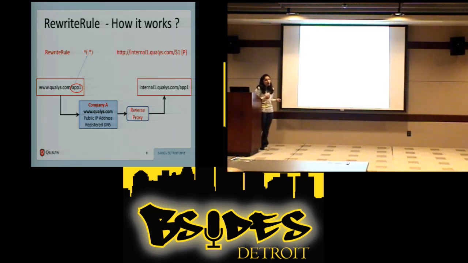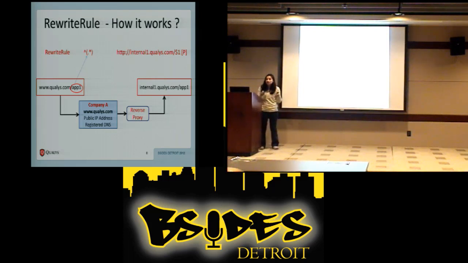So here app1 is going to match this particular regular expression. We have a very generic regular expression here, so I'm just using a simple dot star to see what's happening. So whenever this request comes in, app1 will be matched with this particular regular expression.